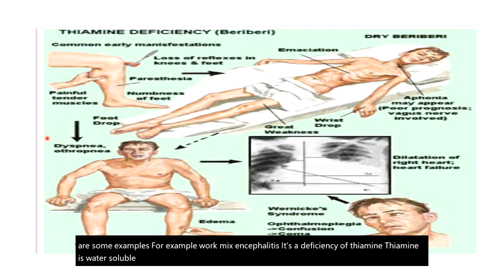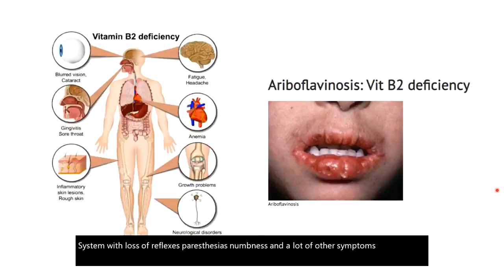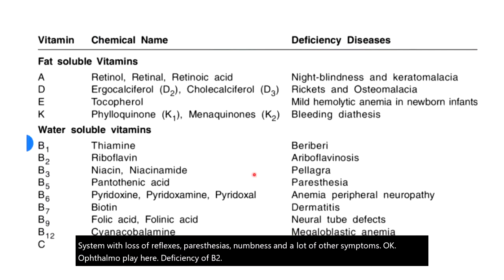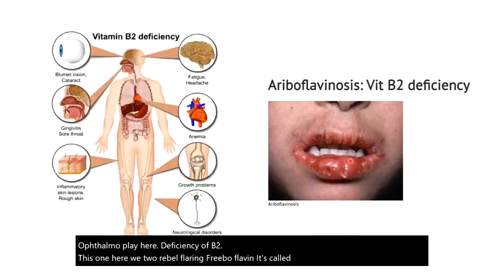Okay, ophthalmoplegia. Deficiency of B2, riboflavin, is called ariboflavinosis. It's a deficiency of vitamin B2.